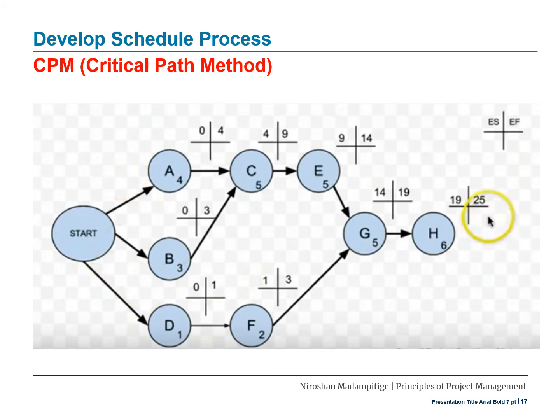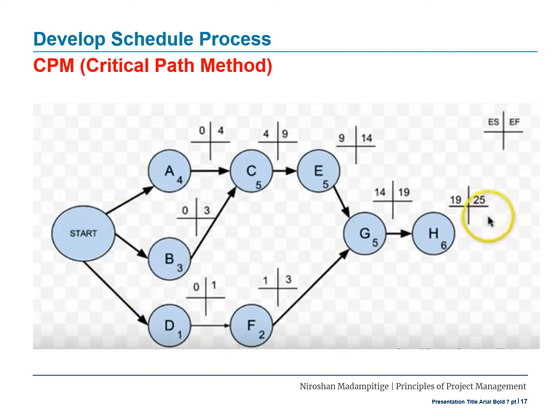In the next level, what you do is the same. You calculate the early start and early finish. What is the early start for C? For C to start, A and B have to be finished. So A takes 4 days, B takes 3 days. For C to start, it doesn't require A and B both to be completed.